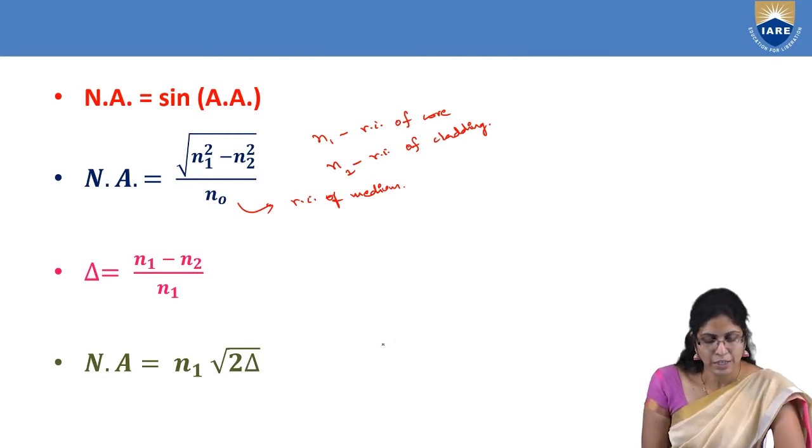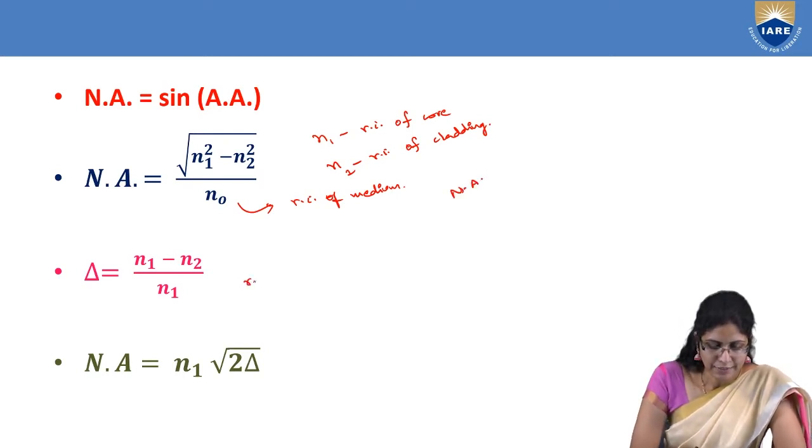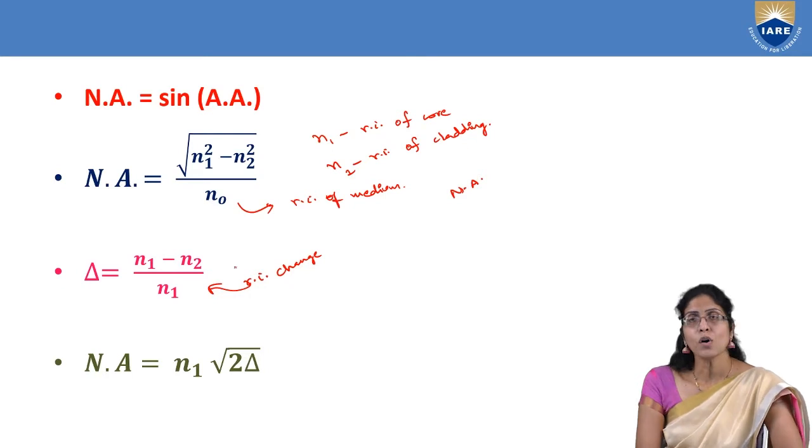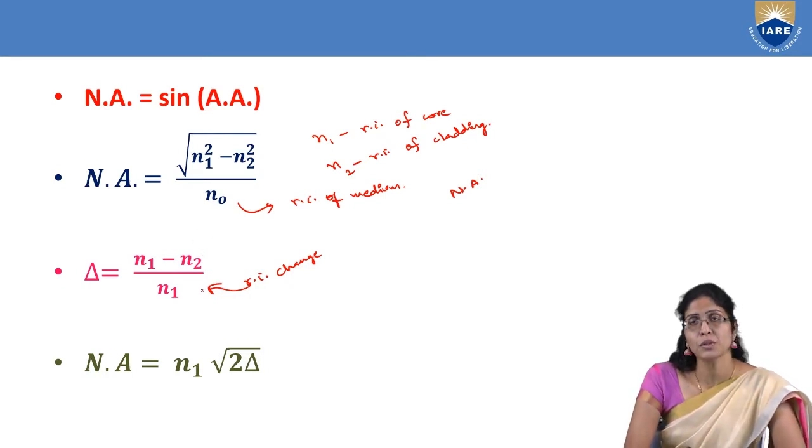We have seen that you can take the numerical aperture and solve it in terms of the refractive index change, which is delta, the ratio of the change in the refractive indices, n1 minus n2, to the refractive index of the core.